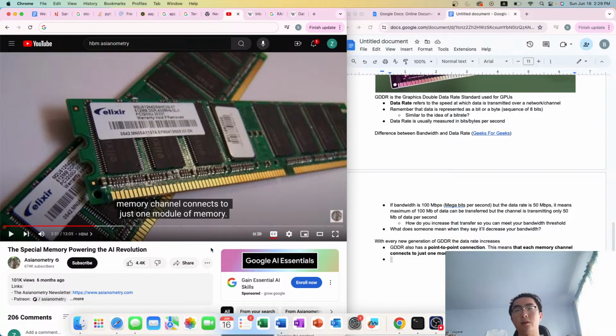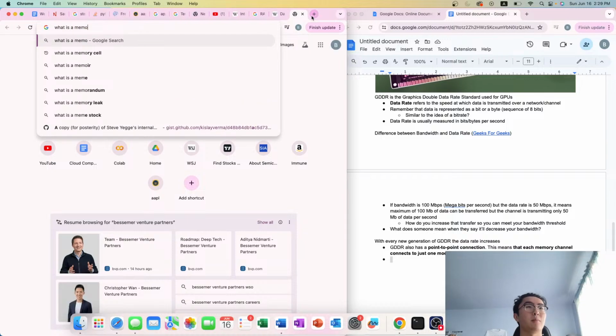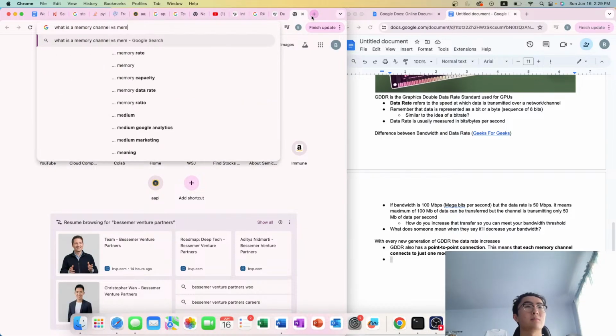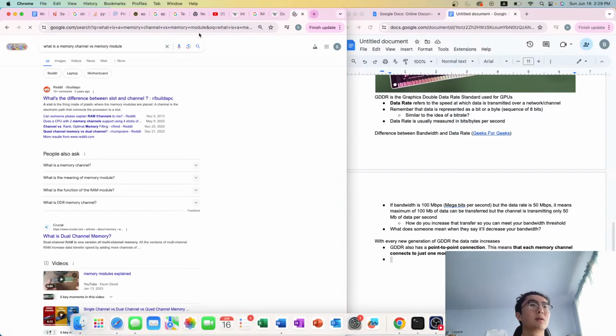Okay, so there's two things, right? A memory channel and a memory module. What is a memory channel versus memory module?